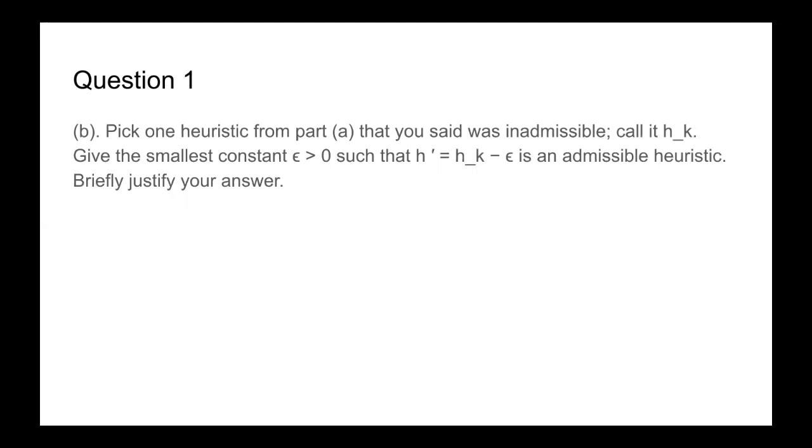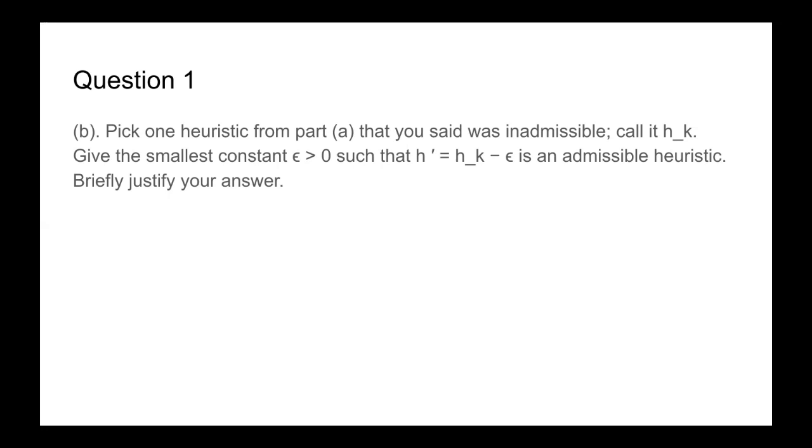Moving on to part B. So we'll be picking one heuristic from part A that we found to be inadmissible. Let's say that heuristic is now H sub k. So we want to find the smallest constant, epsilon, such that H prime, which is the inadmissible heuristic minus epsilon, is guaranteed to be admissible.